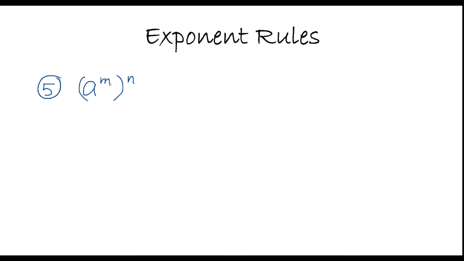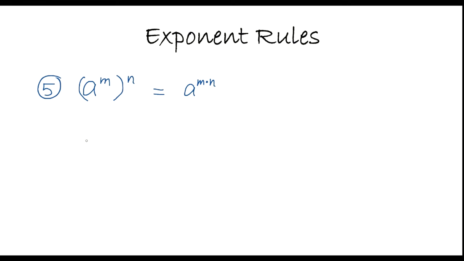Here I have a number with a power m, and over this number there is another power n. If I have this kind of numbers, when we have power over power, then the resulting number will be the base and the powers will multiply together. The base will remain the same. The powers will multiply together.